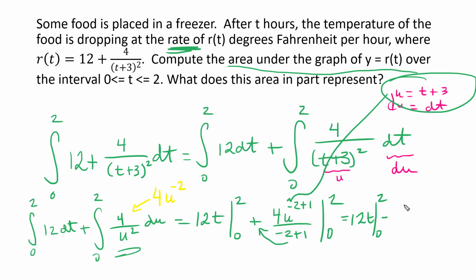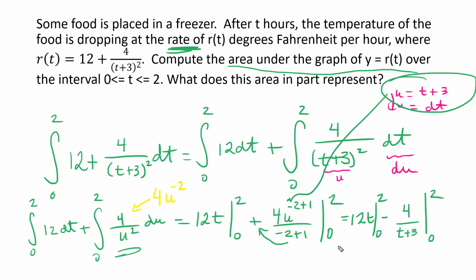So minus 4, and u to the negative 1 would go to the bottom. Well, in the same step where I see u, plug back in t plus 3, from 0 to 2. So all I did was bring the negative 1 up, so that made this negative. I brought u to the negative 1 to the bottom, so that just becomes u, and then I plugged u back in.